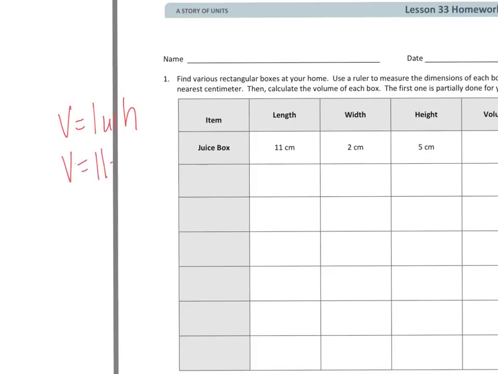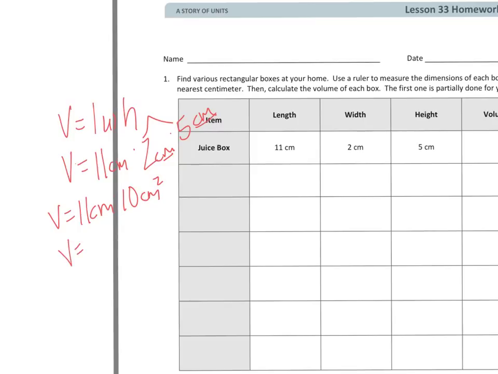So now I'm going to substitute in my values. The length is 11 centimeters. And now I can use my dot for multiplication. The width is 2. And the height is 5. I'll pick these apart and I'll multiply. I know 5 times 2 is 10. And really what that's saying to me is 10 centimeters squared, because I have centimeters times centimeters.